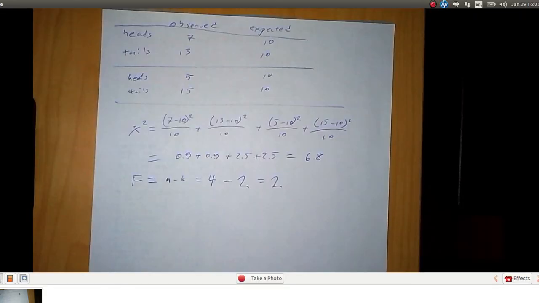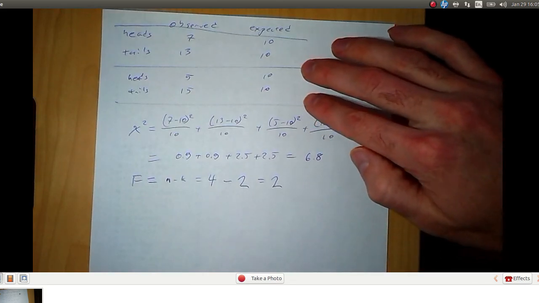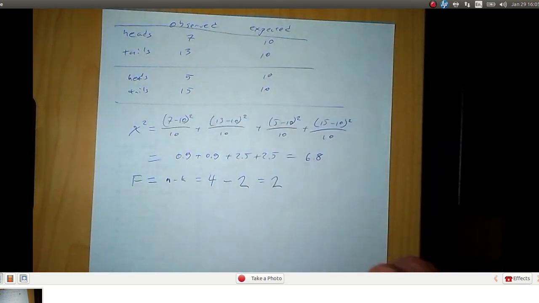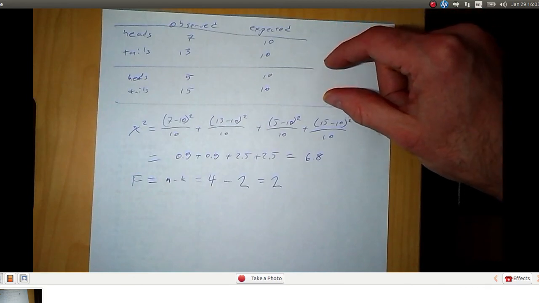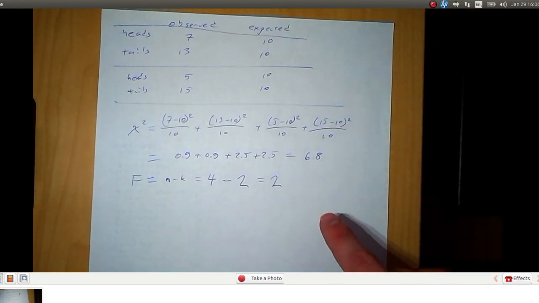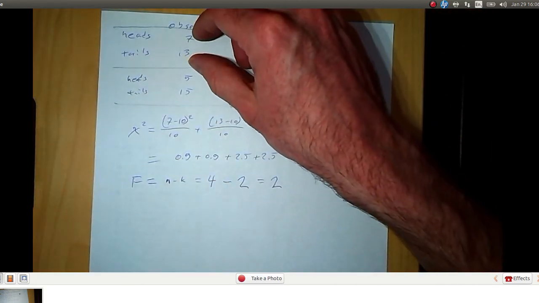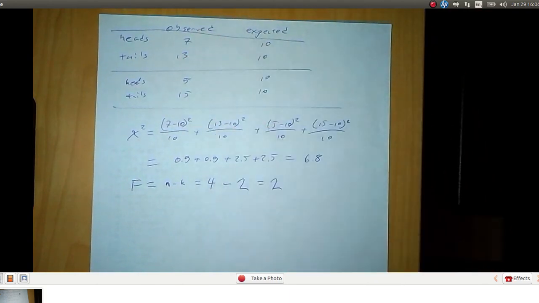And in this example, we had 4 observations and there were 2 degrees of freedom that we took away. We had 2 constraints, the number of observations here and the number of trials here.